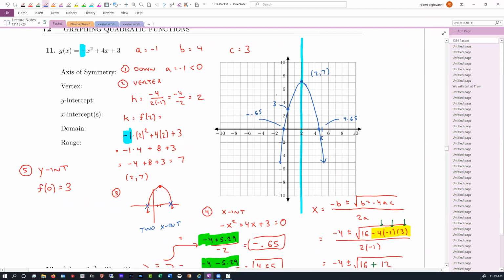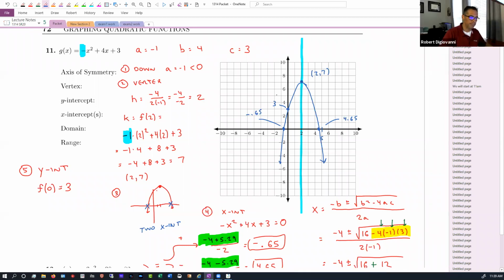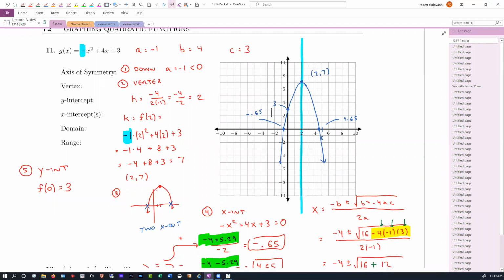I have a question. Yep. When you were getting the Y-intercept, why did you put 0 as a function? Because you always got to do it by 0, right? Doing the Y-intercept, why what? Why did you use 0 for the function? Oh, I did to get 3. Is that what you're saying? Yeah, I'm just not sure where that 0 came from.